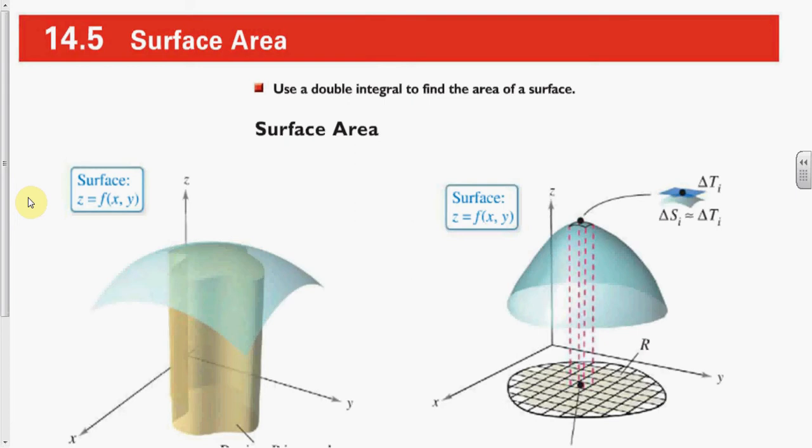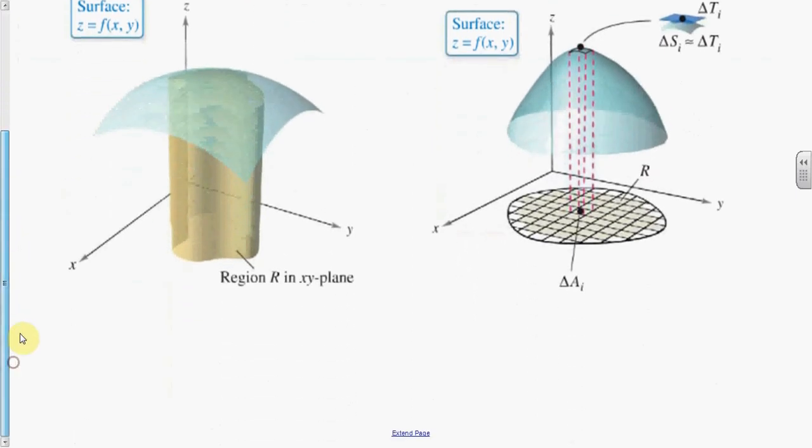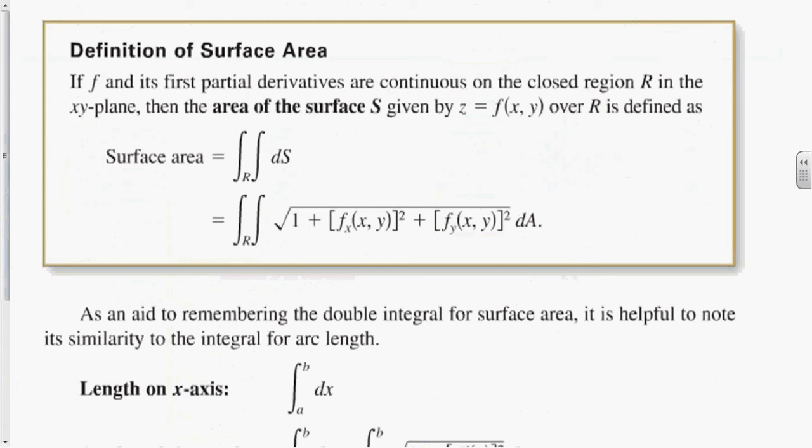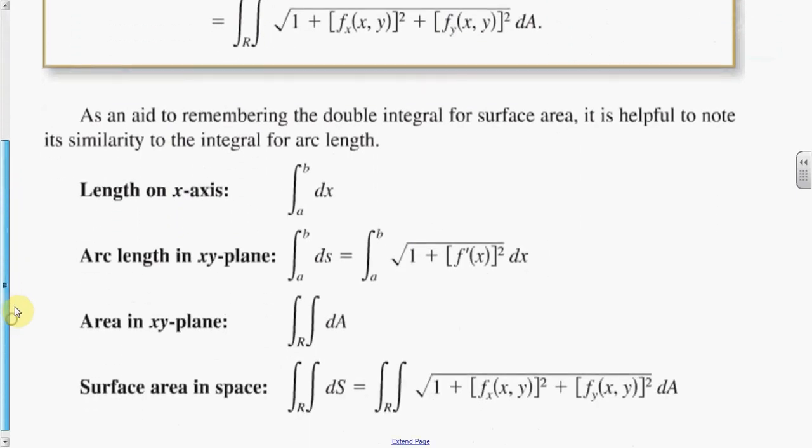Let's look at the formula, and when you see it, you should make the connection with the old-fashioned arc length. So let me scroll down first. Here, you recall the integral for the arc length, which we talked about.